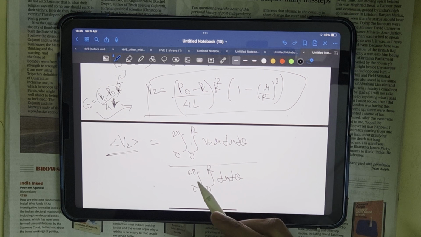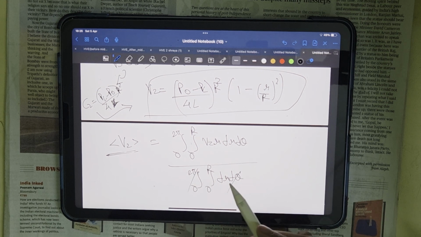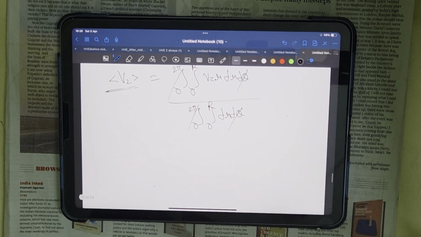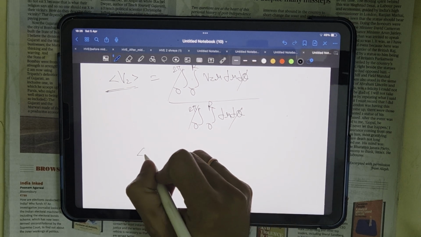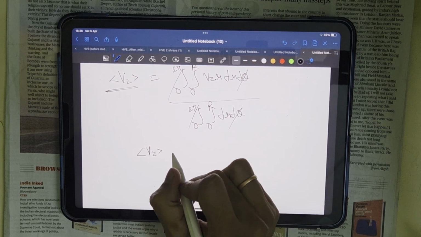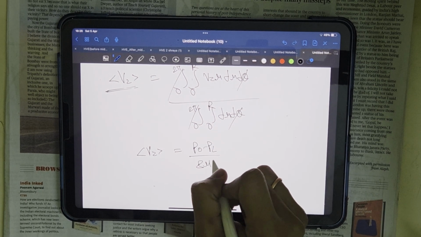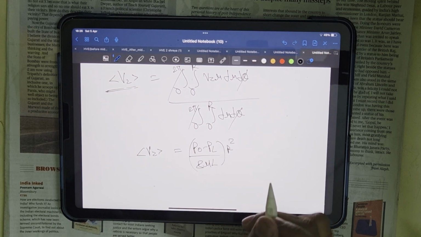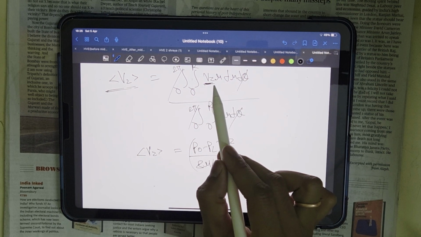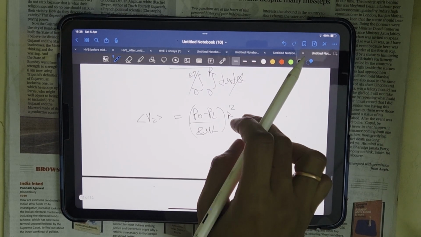The d theta term cancels out from numerator and denominator because properties do not change in theta, as the problem is symmetric around theta. The final equation for average velocity is (P0 minus PL) upon 8 mu L into R square, after substituting the equation of Vz and integrating.